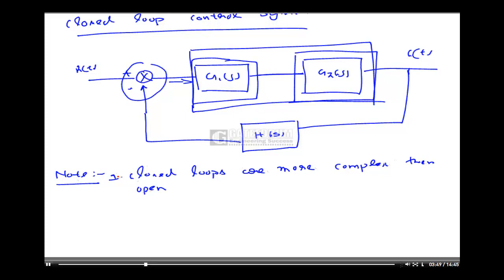In case non-linearity is present in an open loop control system, then that open loop control system will degenerate. But what will happen in case of closed loop control system? If non-linearity is present, those non-linearities will decrease with time. Okay, that means the closed loop control system tries to reduce the non-linear effect.